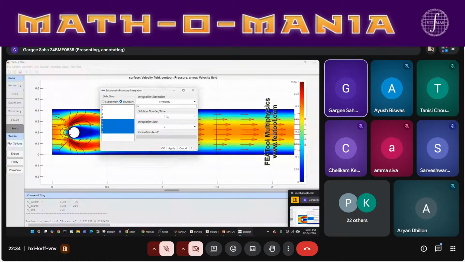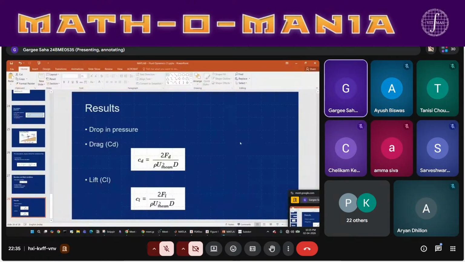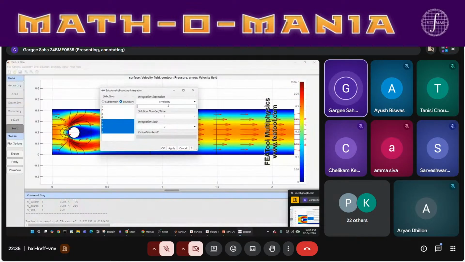So let us change that. We will be using the formula that has already been shown in the presentation here, these two formulas, as they are translated into MATLAB. So let us do that.